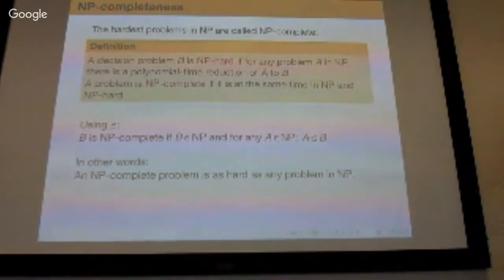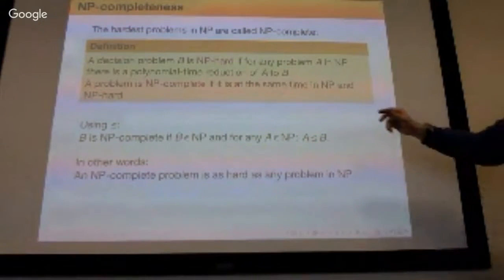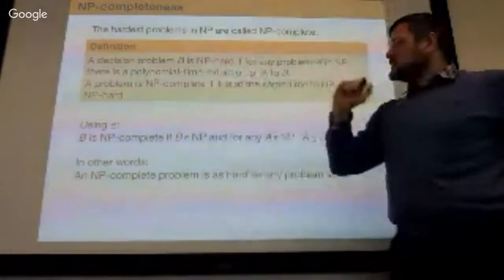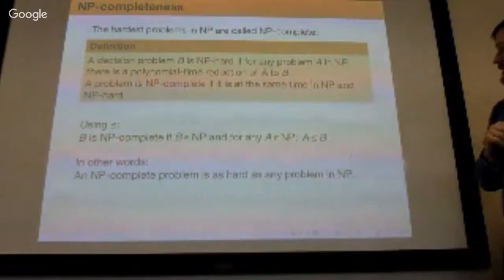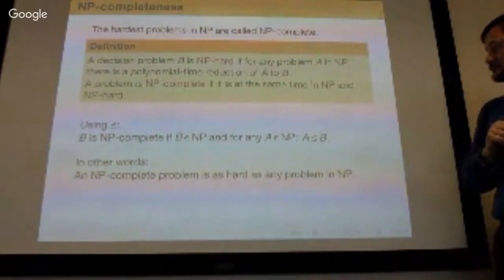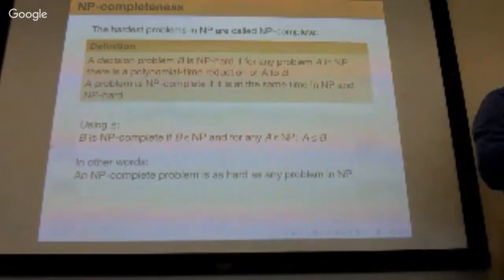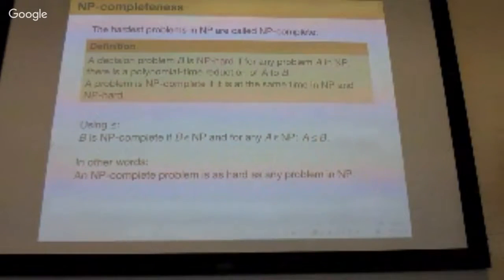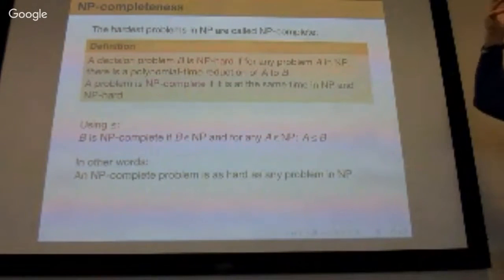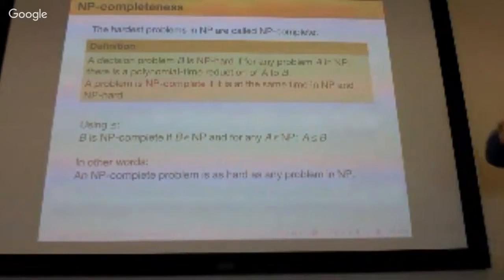And now there is a bit of a formal distinction between an NP problem and the fact that there might be even harder problems than NP. Let's not go into that.